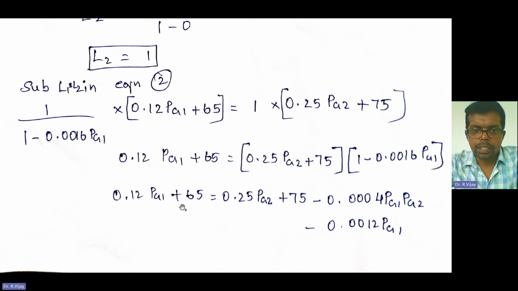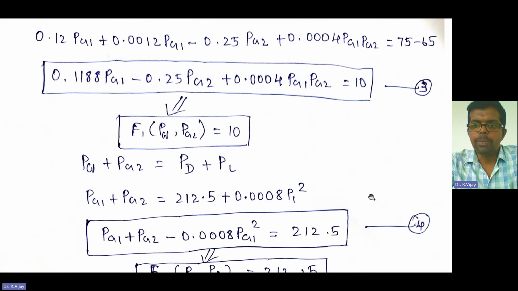Again, further simplifying, that is 0.12 Pg1 plus 65 is equal to 0.25 Pg2 plus 75 minus 0.004 Pg1 Pg2 minus 0.0012 Pg1. This is the equation we got.